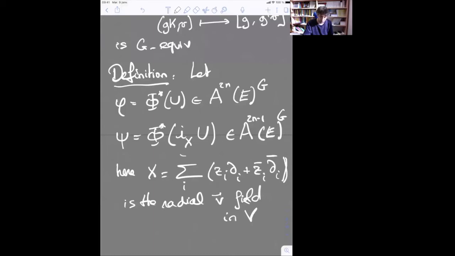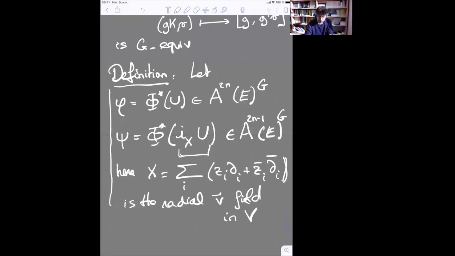When you feed U with the radial vector field, it's an infinitesimal version of what we were doing with the multiplication in the fiber. We'll come back to this, but that's the relation with what we've done last time.